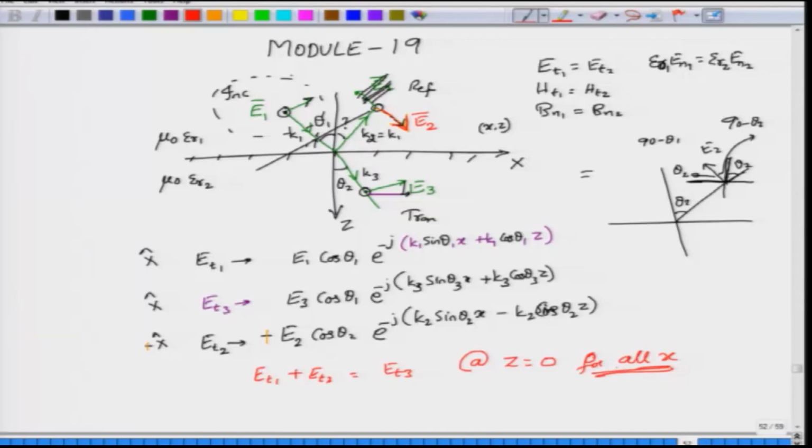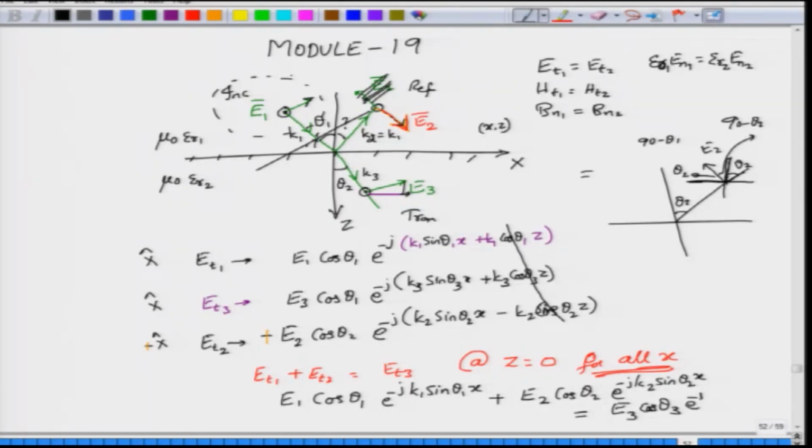Now, when you impose the condition that at z equal to 0 and for all x, the sum Et1 plus Et2 should be equal to Et3, with z equal to 0 all these terms go to 0, so the expression becomes E1 cos theta 1 e power minus j k1 sin theta 1 x plus E2 cos theta 2 e power minus j k2 sin theta 2 x, which should be equal to E3 cos theta 3 e power minus j k3 sin theta 3 times x. Please note that I have switched the convention here, it does not matter.